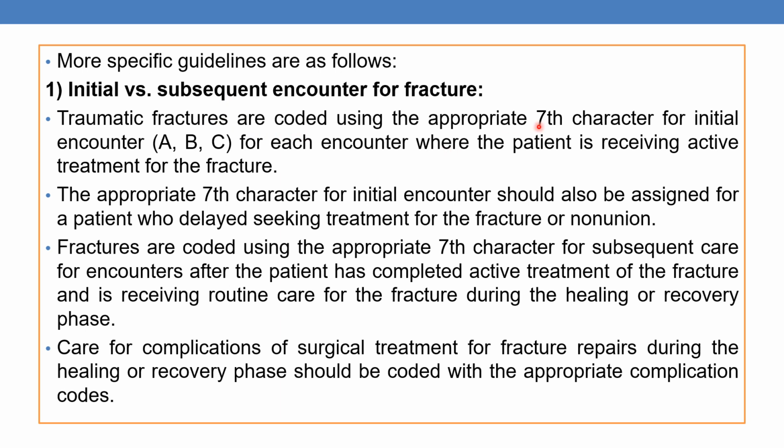Traumatic fractures are coded using the appropriate 7th character for initial encounter, A, B or C, for each encounter when the patient is receiving active treatment. A for active; A, B, C all must be coded depending upon the type of fracture when the patient is receiving active treatment. Whenever the patient is receiving active treatment, then only you need to code initial encounter.